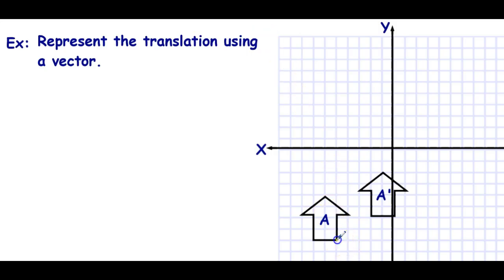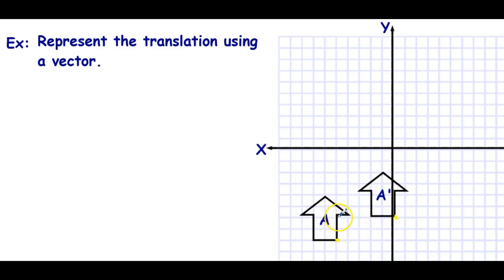I'm going to take the lower right corner, and I'm going to figure out how many up and over I need to move to get to its corresponding lower right corner. You could do this with any one of the vertices. I could take the top corner and move it to the corresponding top corner, or the lower left corner and move it to the corresponding lower left. I'm just going to go from the lower right to the lower right.